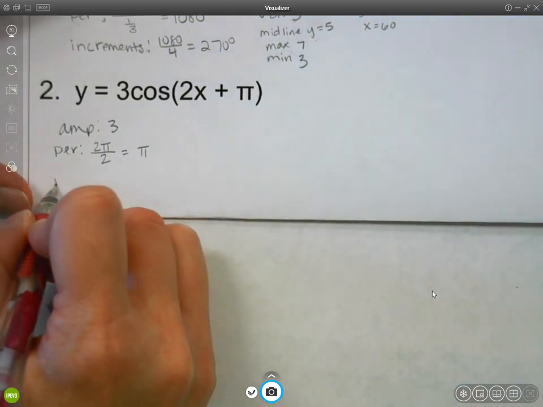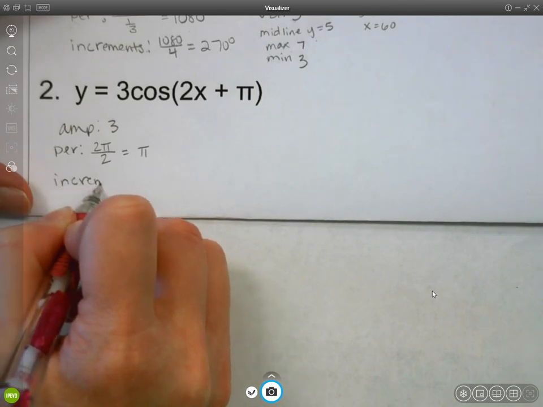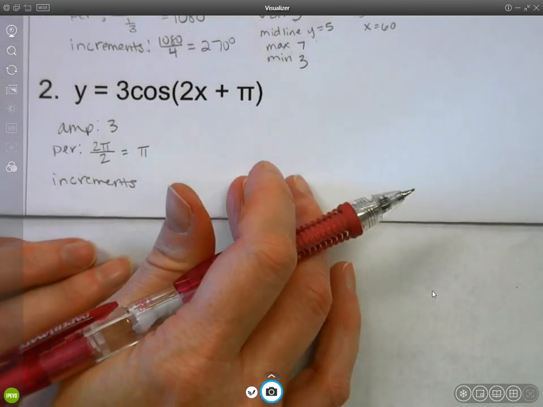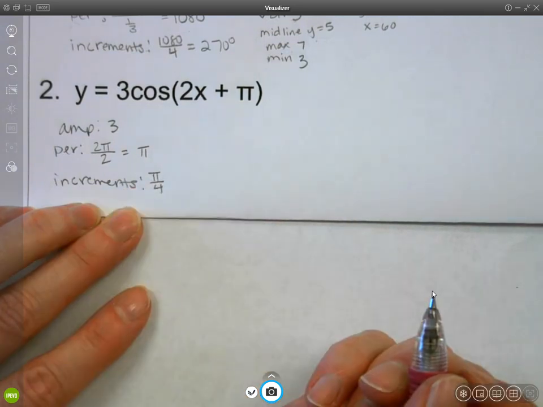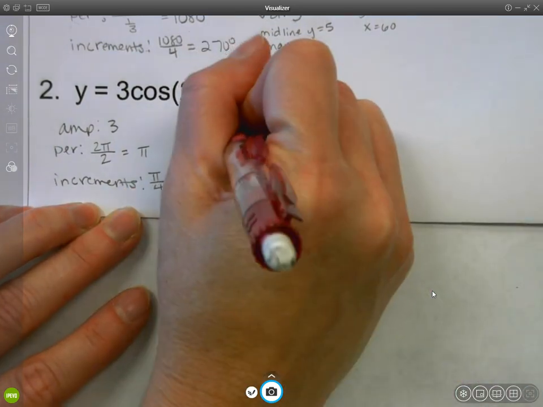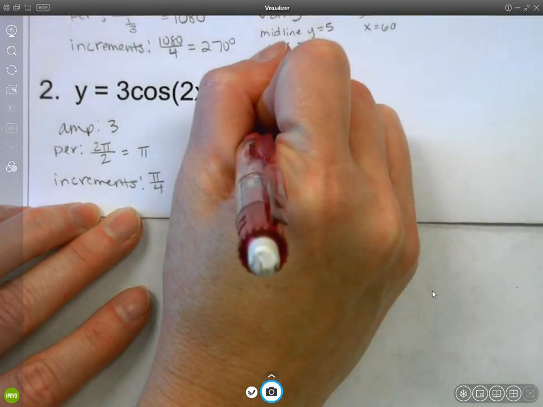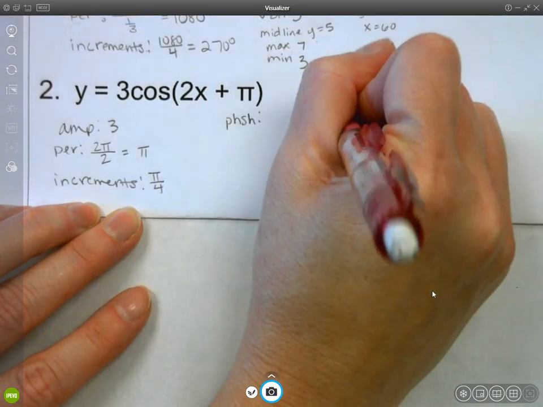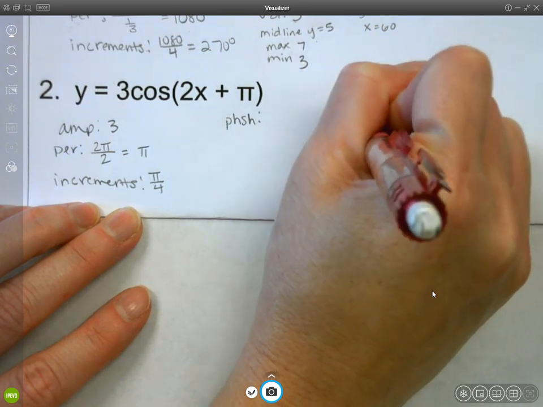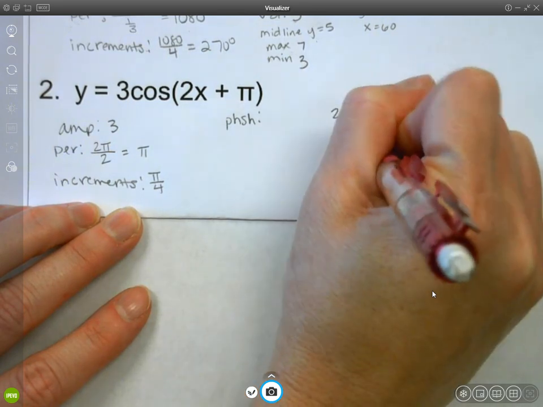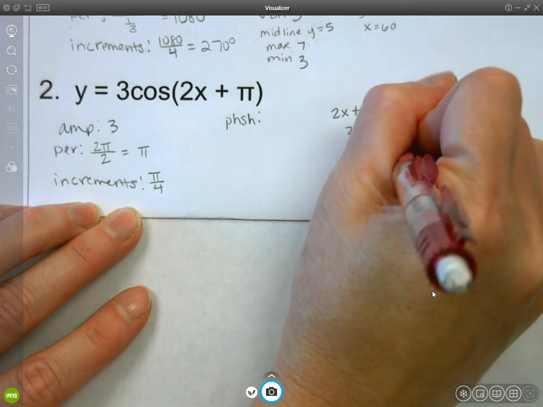Then we have increments of that divided by 4, so pi over 4. We have a phase shift. We're going to take the stuff in parentheses, equal it to 0. So subtract the pi, divide by the 2.